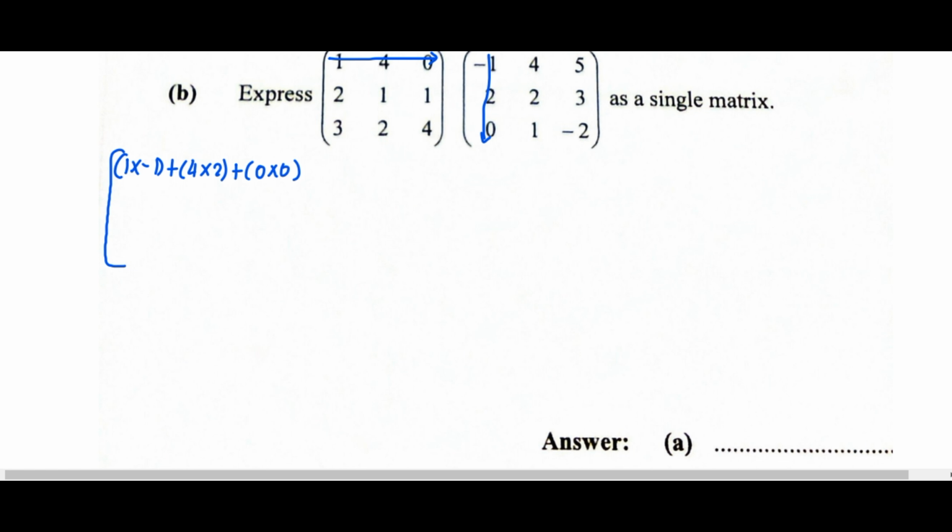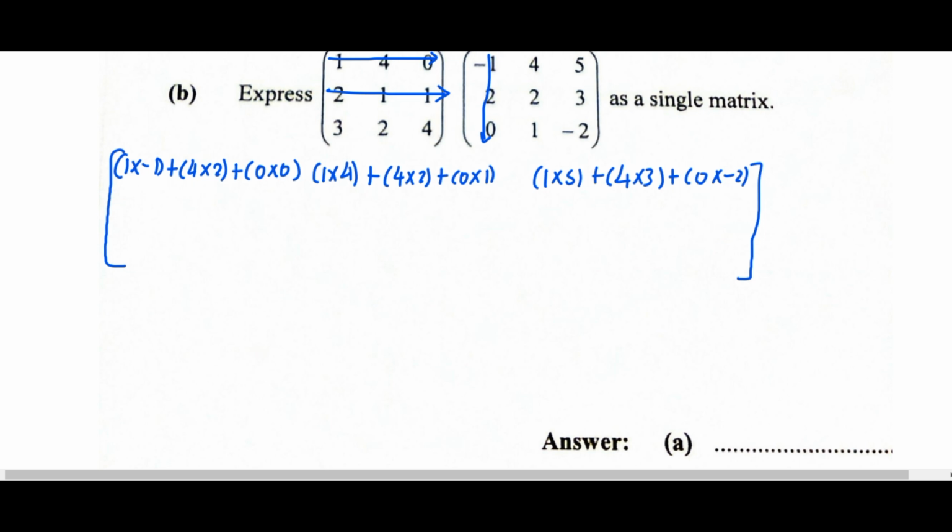Let's go to the second column. So it's 1 times 4 plus 4 times 2 plus 0 times 1. Then we go to the last column. So 1 times 5 plus 4 times 3 plus 0 times -2.